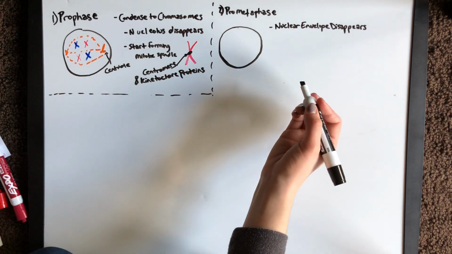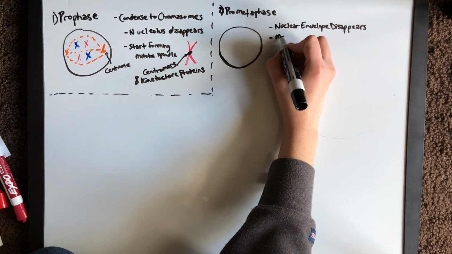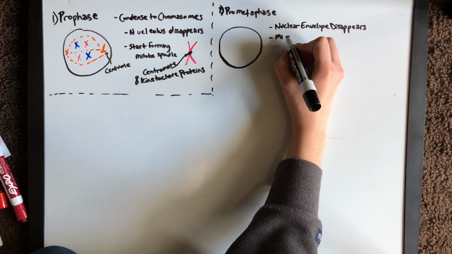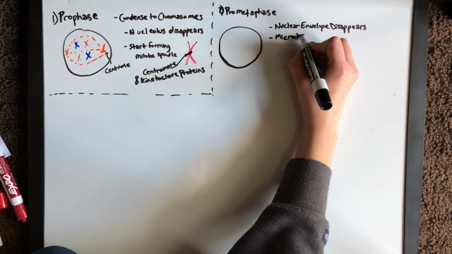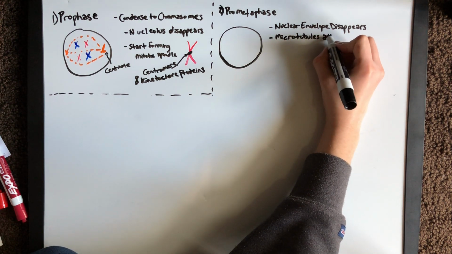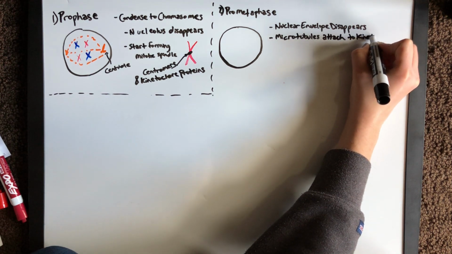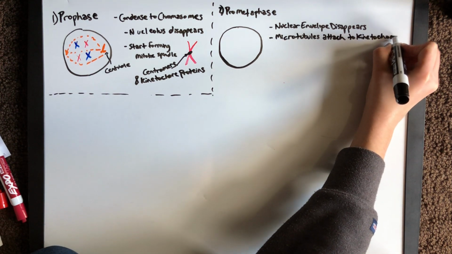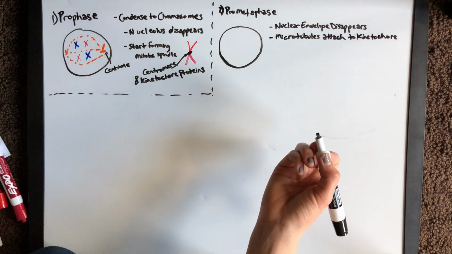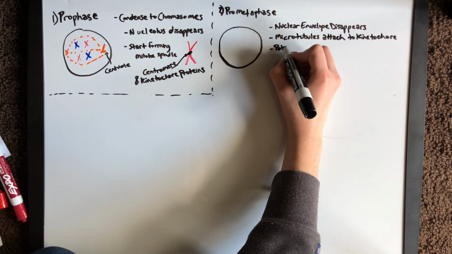Our microtubules are going to attach to the kinetochore. I'll draw that out in a second. Let's write it down first. So microtubules attach to the kinetochore. And then our polar microtubules are going to attach to each other.